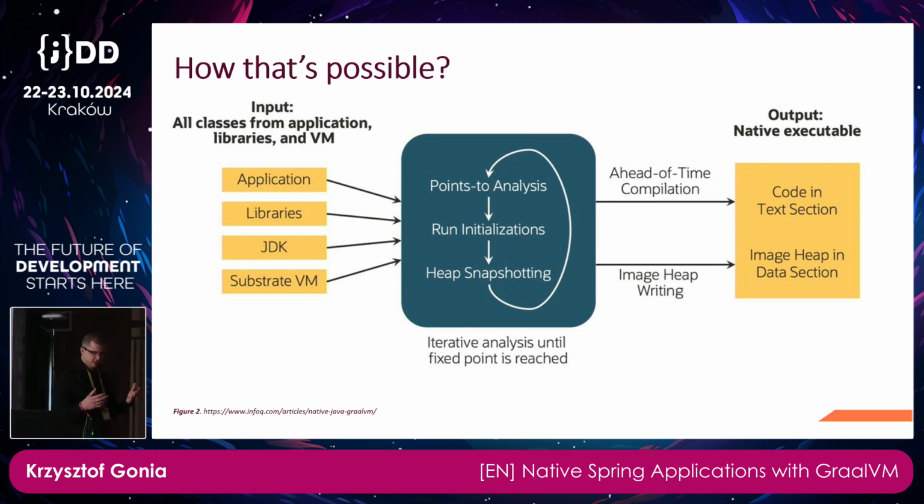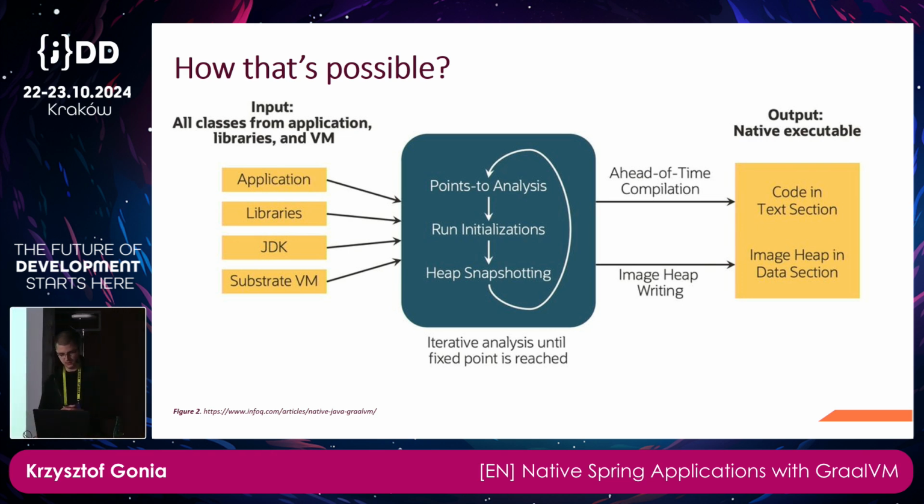So it's still Java code. We need, for example, a garbage collector to remove things from the heap. It works like Java, so we still need the garbage collector. Some things are shipped and built in within our executable.